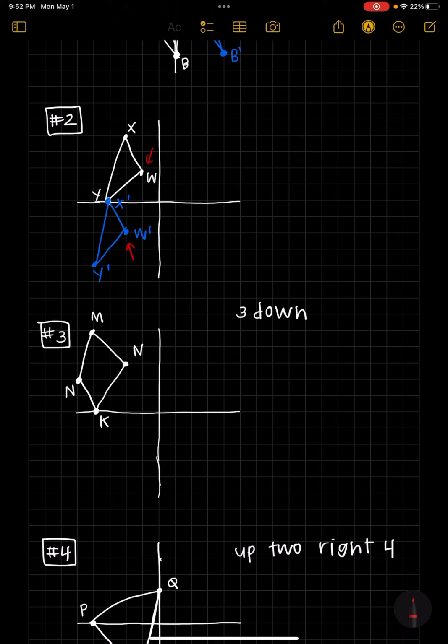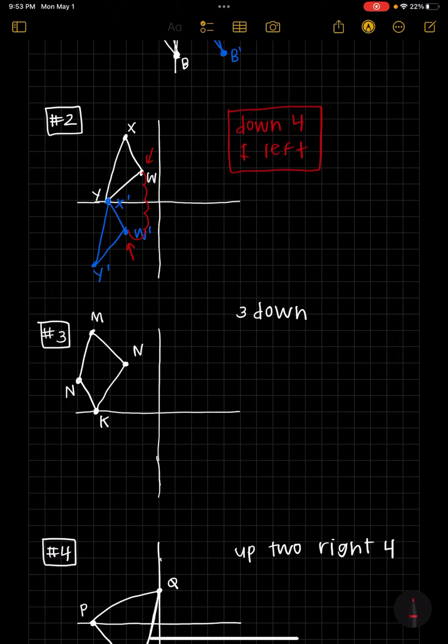So our answer will be 2 portions. From this point W, I'm going to go down 1, 2, 3, 4 points. So it's down 4, and now I have to figure out how many to the left. I go just over 1 to the left. So it's down 4 and 1 left. And that's my answer.